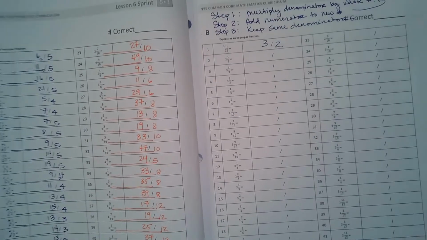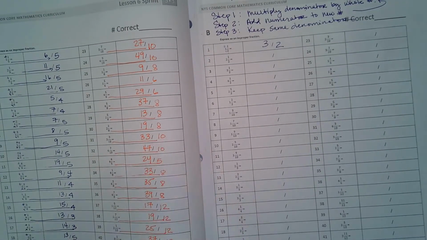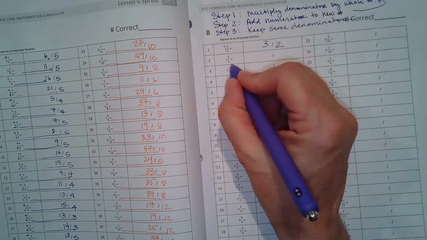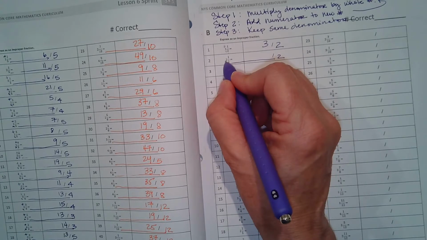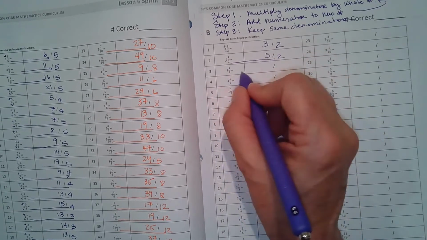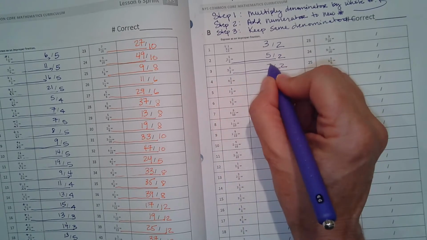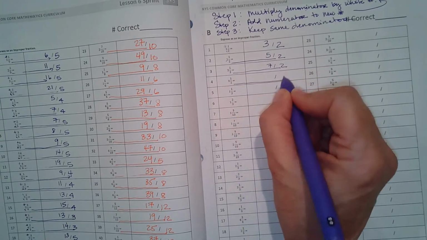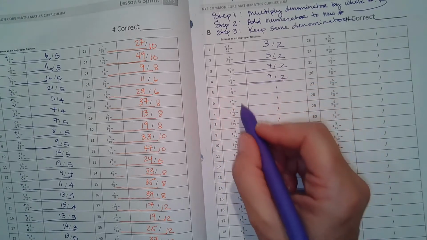All right. So now let's try it again on this side. So bring it over. 2 times 2 is 4, plus 1 is 5. Bring it over. 2 times 3 is 6, plus 1 is 7. Bring it over. 2 times 4 is 8, plus 1 is 9.